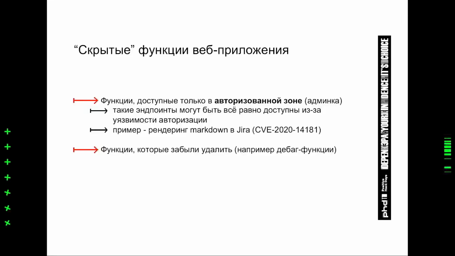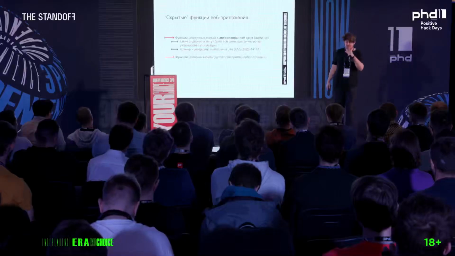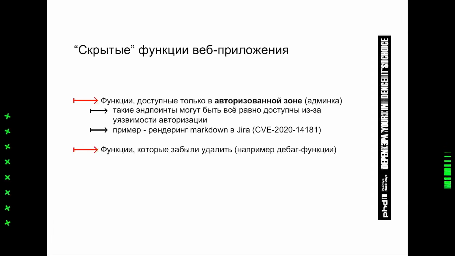So when it happens, when it has to do with an authorized zone, a lot of excess code is bundled on the page, and sometimes this bit of code has to do with the admin, because we haven't hacked it yet, right? But probably there's an authorization vulnerability, and if we find those endpoints, then we'll be able to do something about it.